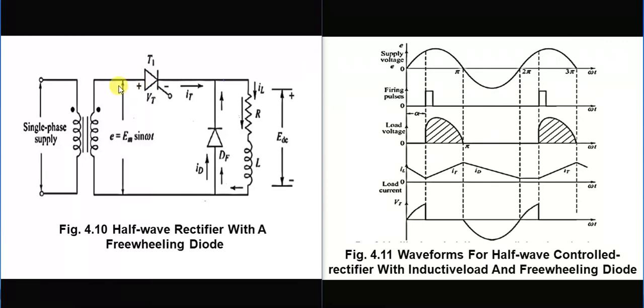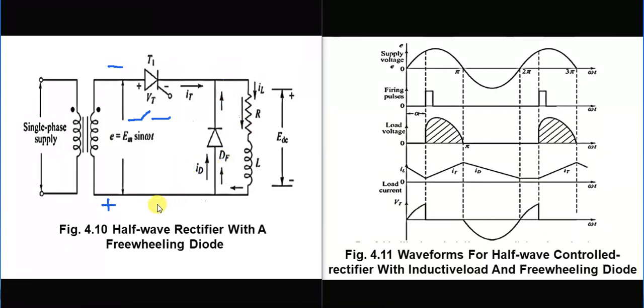So during the negative half cycle, anode is negative and cathode is positive. As anode is negative and cathode is positive, the SCR is reverse biased and it acts as an open switch. If it is acting as an open switch, then from where will the current flow?